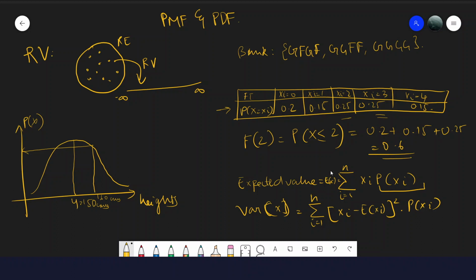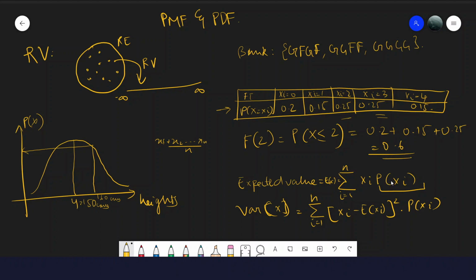Can you see the similarity between these formulas and the formulas for mean and variance that we studied in the previous video? Generally, the mean is x1 plus x2 all the way to xn divided by n, right? Similarly, over here, I have taken the value and multiplied it by the probability.